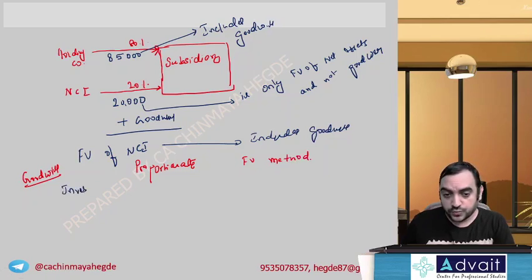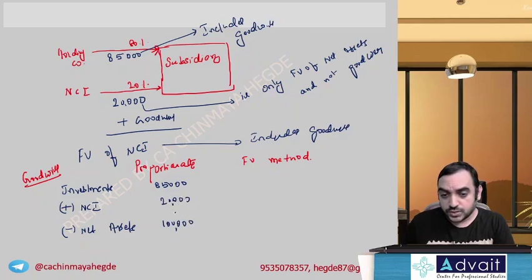Cost of investments by the holding company is 85,000, and for NCI we added proportionate net assets, minus net assets, which is 1 lakh, and NCI 20,000. So we got 1,05,000, sorry, 5,000 goodwill.